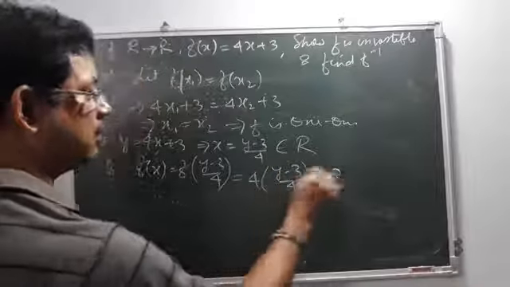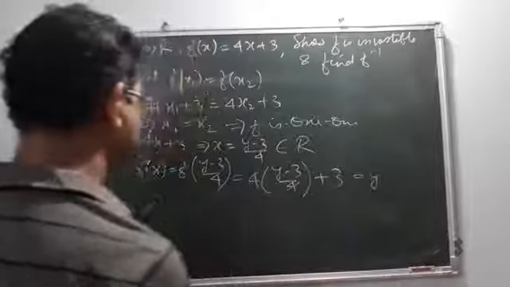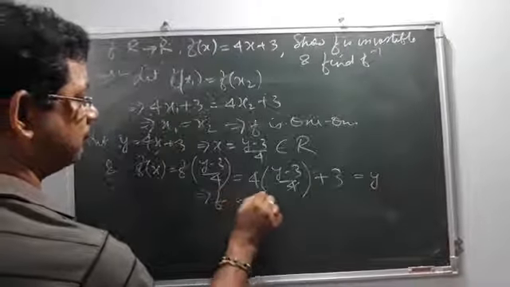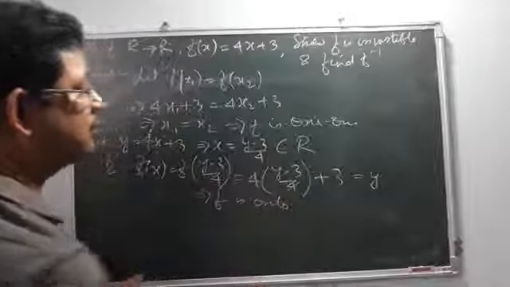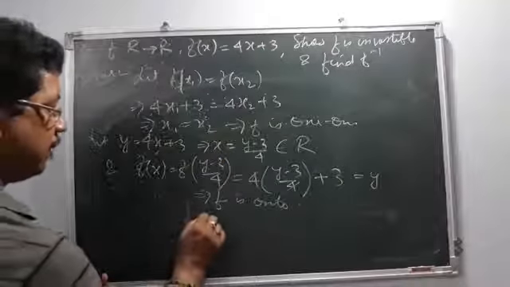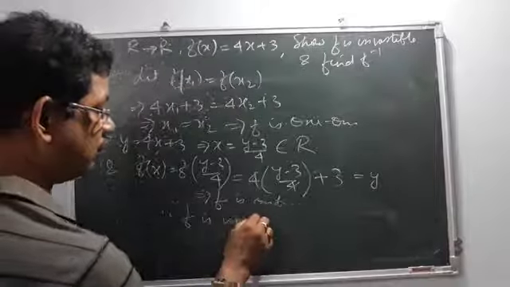If we cancel, then ultimately we get y. This implies f is onto. Now see, f is one-one, f is onto. Therefore, f is invertible.